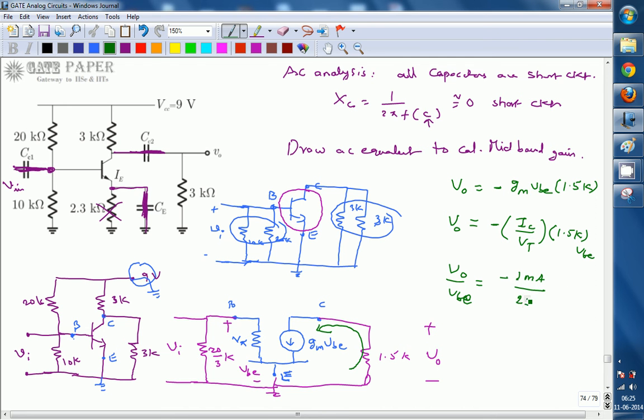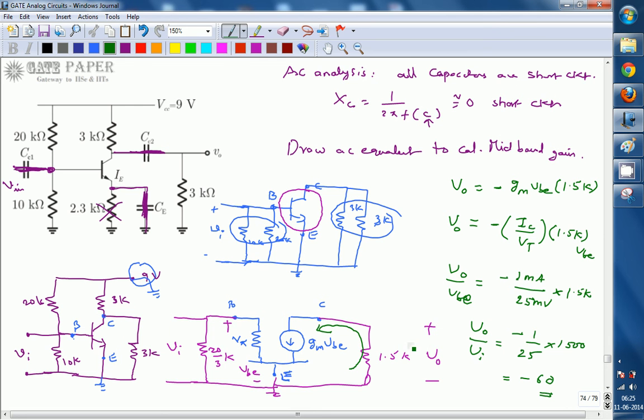The milli cancels, and 1 by 25 into 1.5 kilo ohms is 1500 by 25, which is equal to minus 60. So the midband voltage gain is minus 60. RE is not required for this problem. You can calculate the midband voltage gain directly as minus 60.